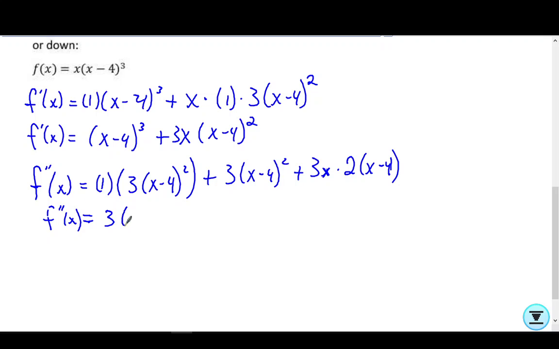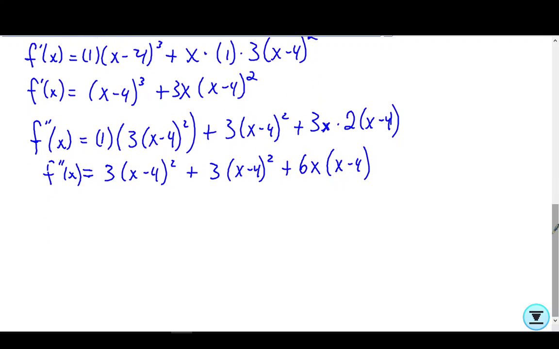So we get 3 times x minus 4 squared plus 3 times x minus 4 squared plus 6x times x minus 4. Okay? Simplify a little more. We have 3 plus another 3, so this is 6 times x minus 4 squared plus 6x times x minus 4.